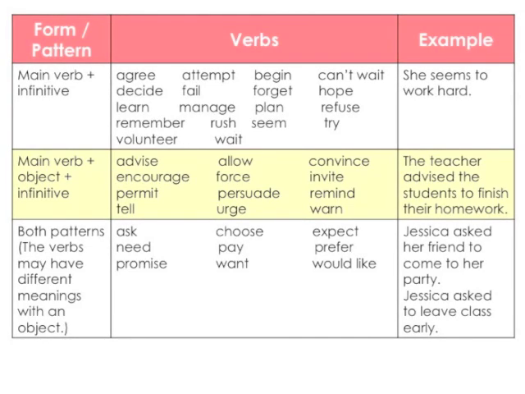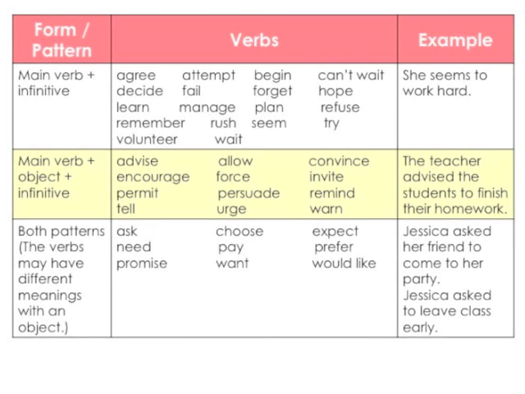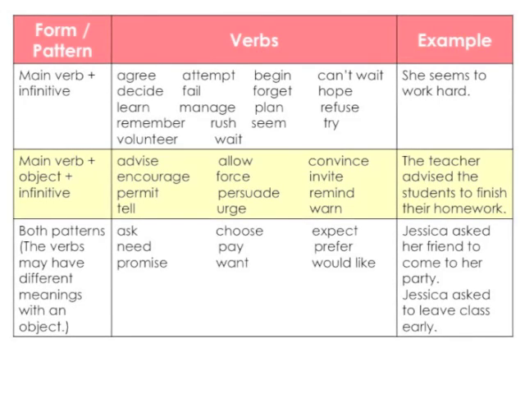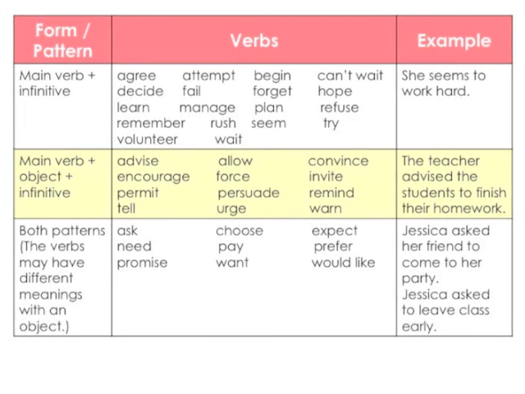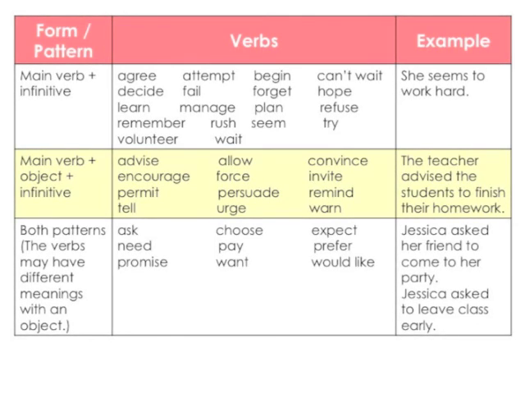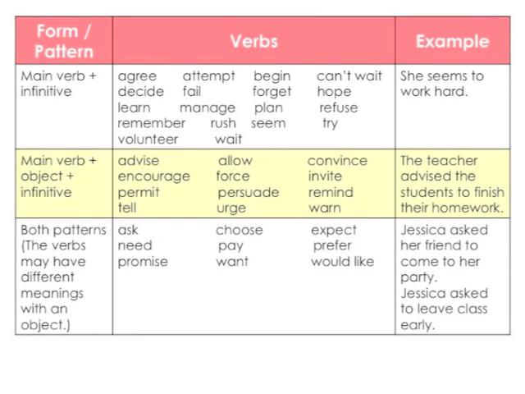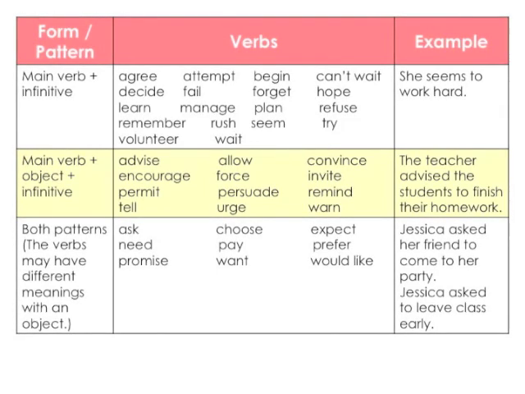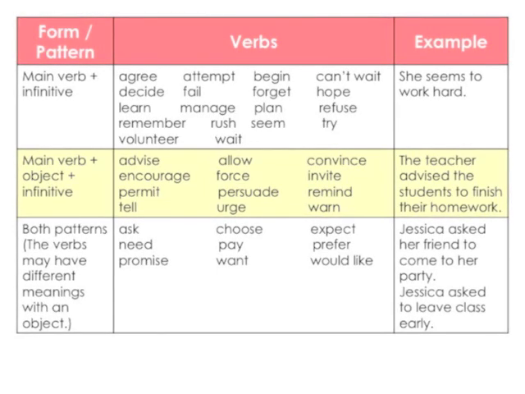These verbs in the middle have to have an object. If you don't have an object, the sentence is incorrect. We have an example here. The teacher advised the students to finish their homework. And if you look at the very bottom, we have verbs that can take either pattern, but sometimes they may have different meanings with an object. So go ahead and look carefully at this chart.